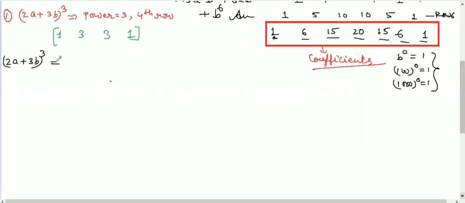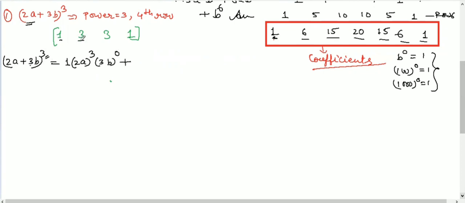As I explained, the first term, 2a, will start with power 3 and decrease to 0. And the 3b term will start with power 0 and increase to 3. Write down the coefficient here, which is 1, multiplied by the first term, 2a to the power 3, then multiplied by the second term, 3b, starting with power 0.